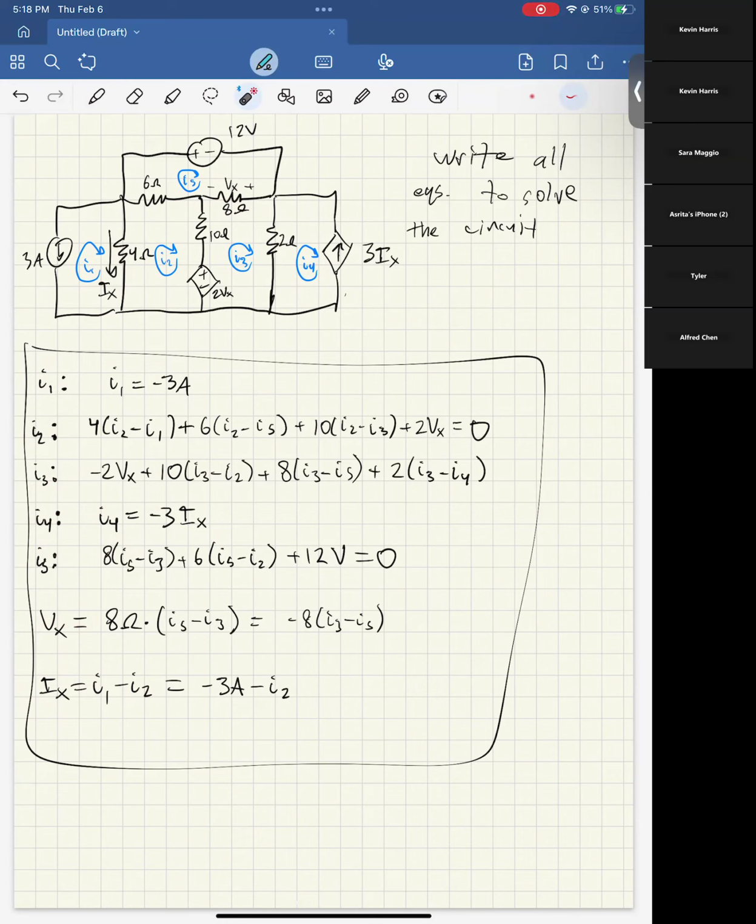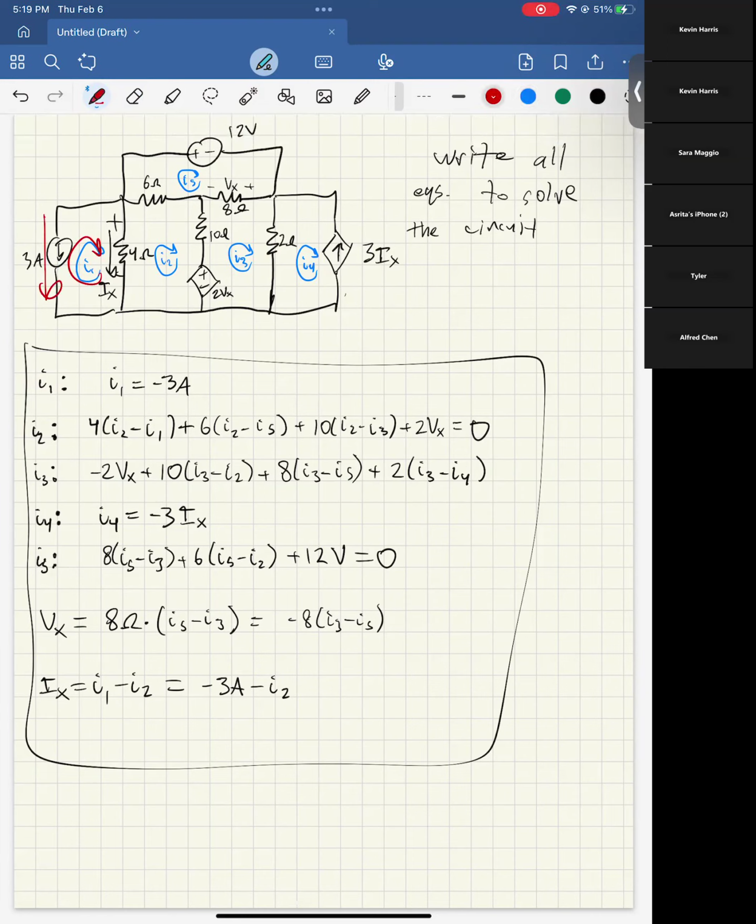Oh, and for this first question, the question was, would you not also have 4 times, or wait, which is this? I1 minus I3? There's no situation in which you'd have I1 minus I3 here, but I'm guessing what you're asking is I1 minus I2. So this voltage drop indeed is 4 times I1 minus I2, but since we have a current source here, that just gives us information that we know there's a current flowing down there, and we've defined I1 as going like this.